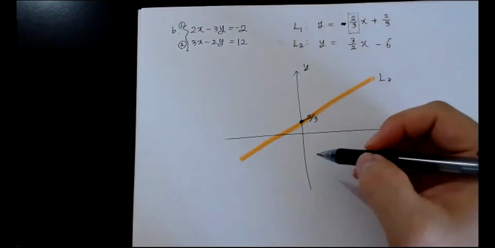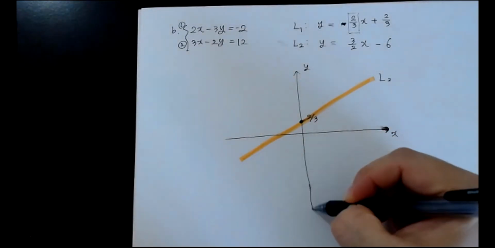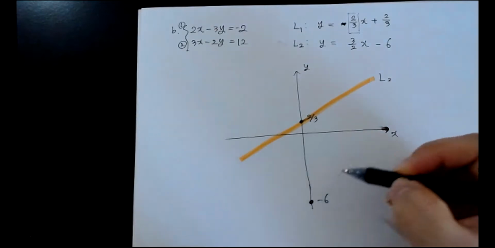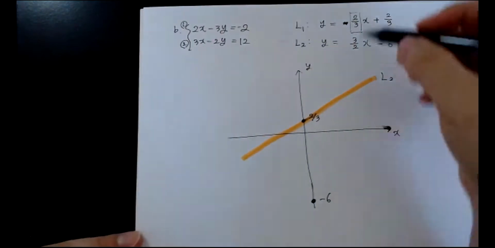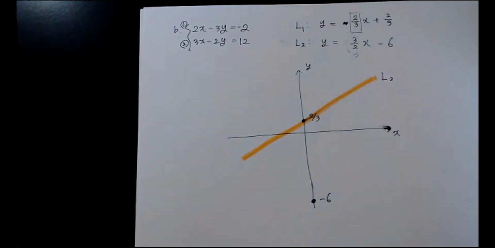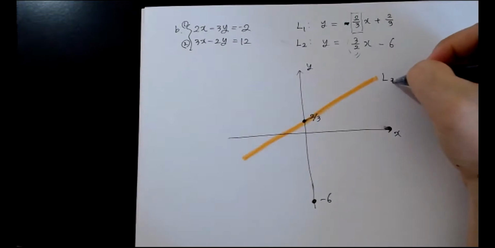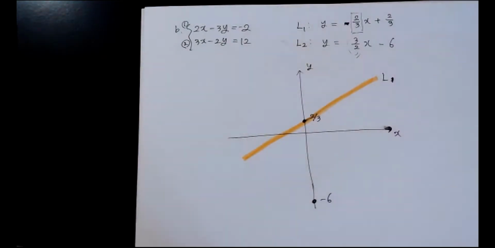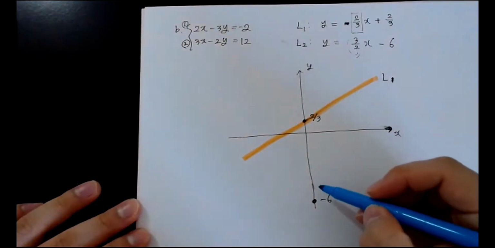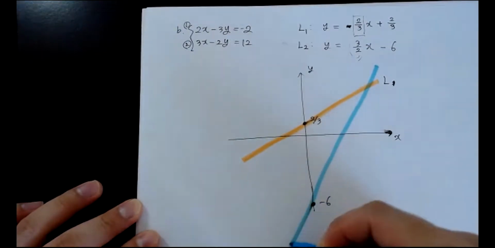So the y-intercept is -6, maybe right here. And 3/2 is greater than 1, so the slope must be greater than the slope in L1. This should be L1, sorry. So roughly the graph must be like this.